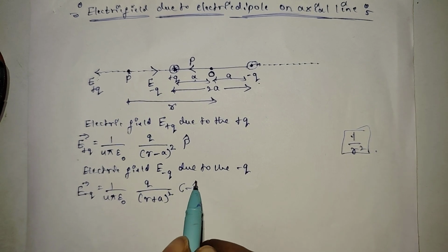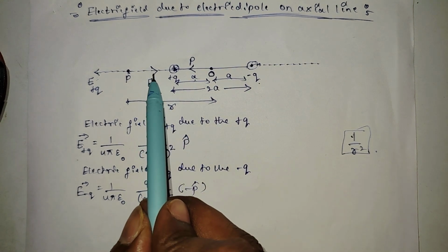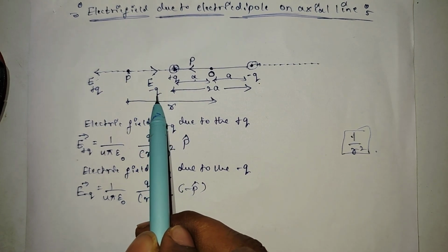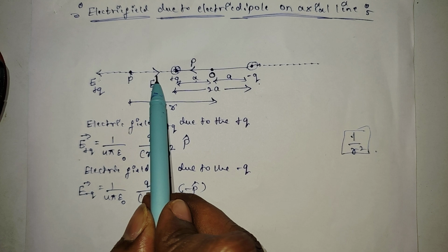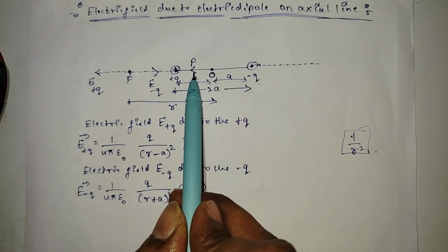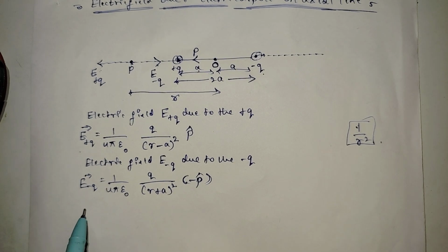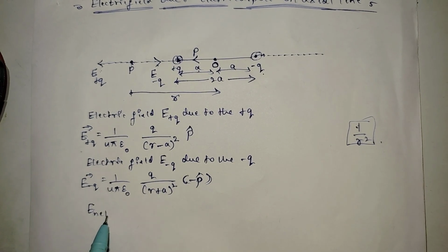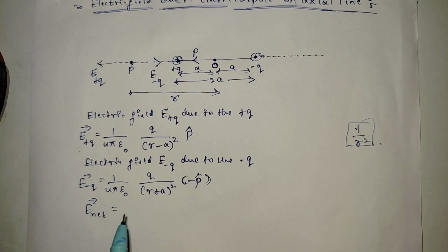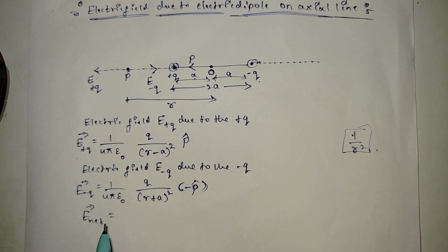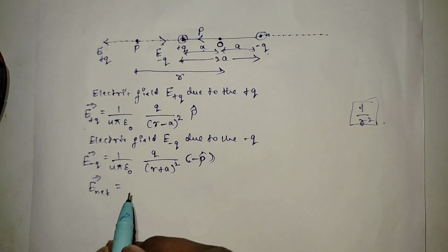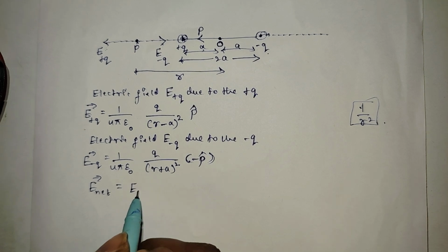Now minus p cap: this negative charge's electric field and the dipole direction are opposite, so I will write the unit vector with a negative sign. Now we have to calculate the total electric field.